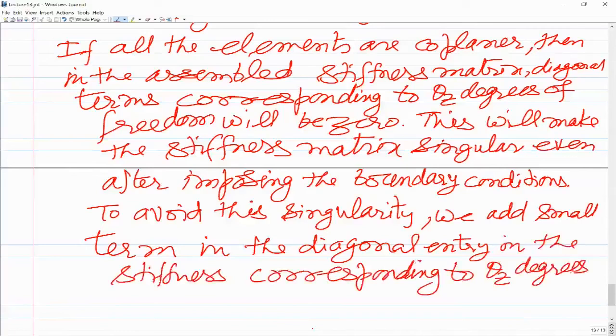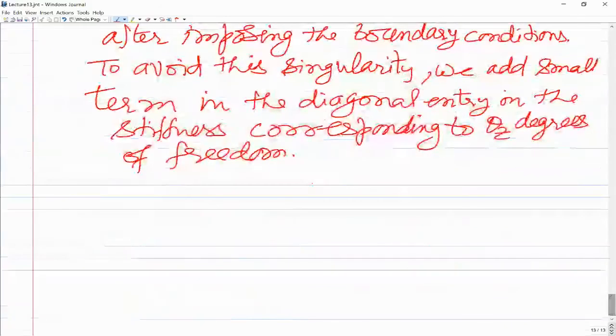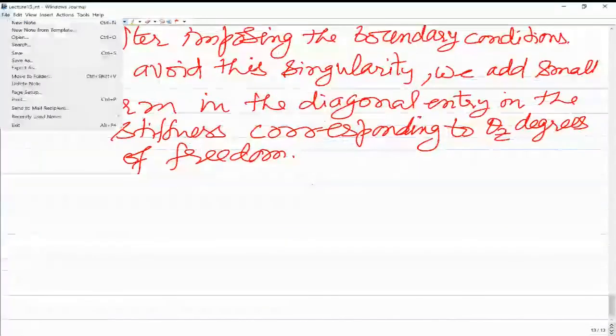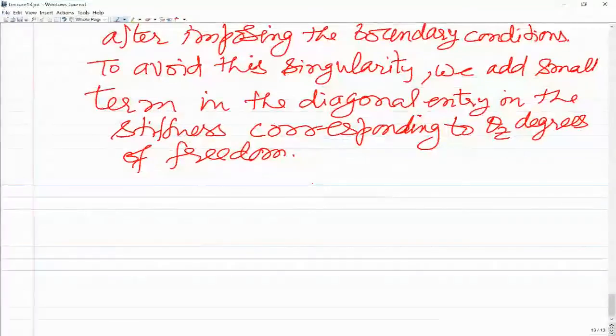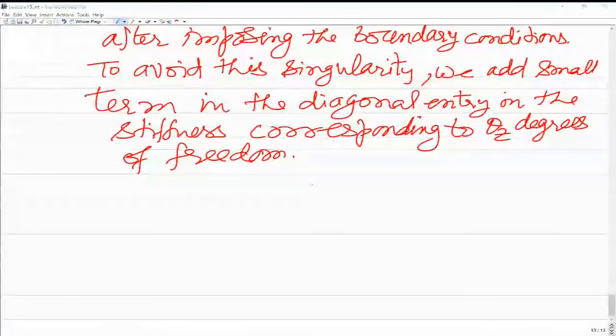You have to do that for all theta z degrees of freedom. Yeah, so this is how you actually handle this type of problem. So I think this is where I want to stop. If you have any doubts and questions, you can ask.